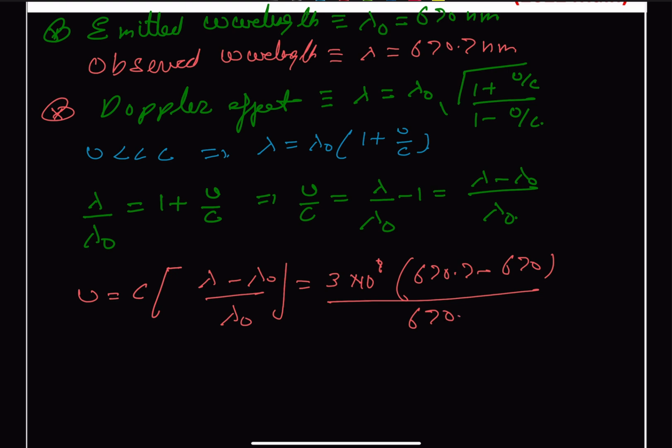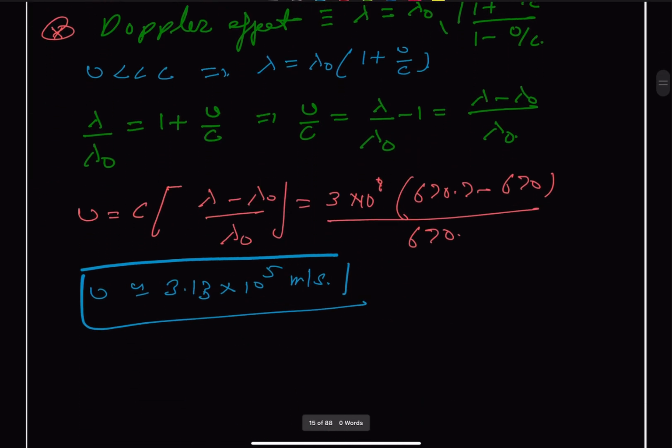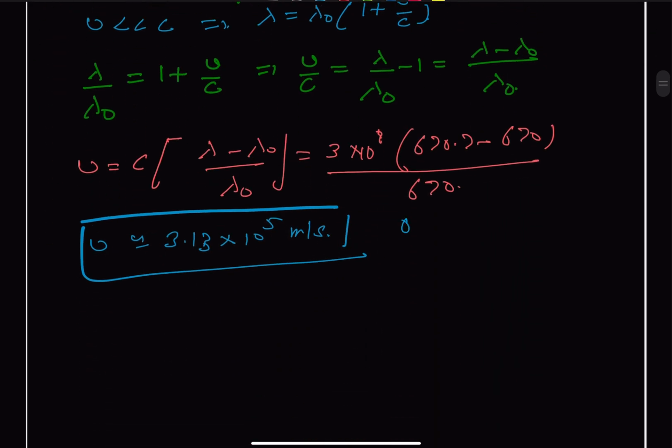And this gives us that our velocity V will be approximately equal to 3.13 into 10 to the power 5 meter per second. So we have the 3.135. So option number C is the correct option. C is correct.